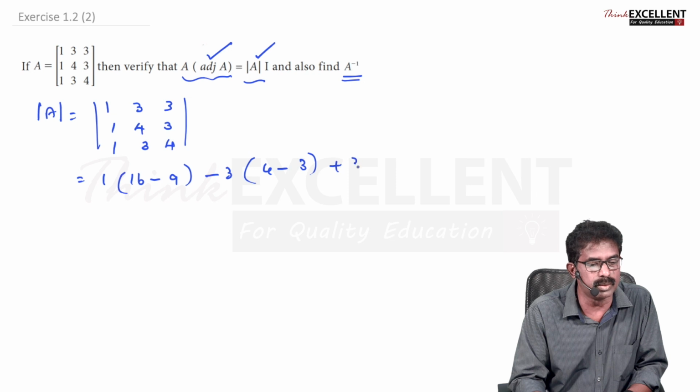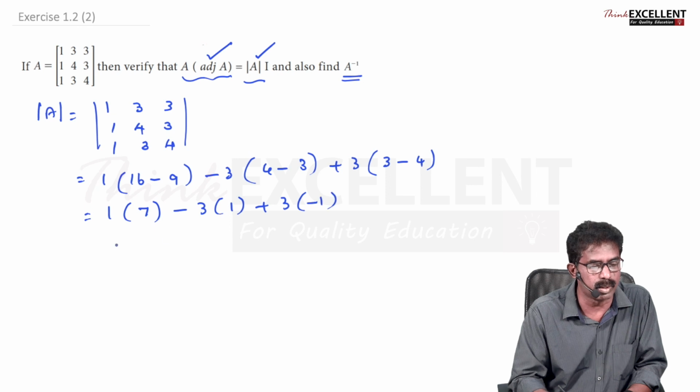Then plus 3 into, leave the row and column, 1 into 3, 3 minus 1 into 4, 4. So simplify. 1 into 16 minus 9, 7, minus 3 into 4 minus 3, 1, plus 3 into 3 minus 4, minus 1. 1 into 7, 7, minus 3, minus 3. So 7 minus 6, you are getting 1 here. Determinant A is equal to 1.